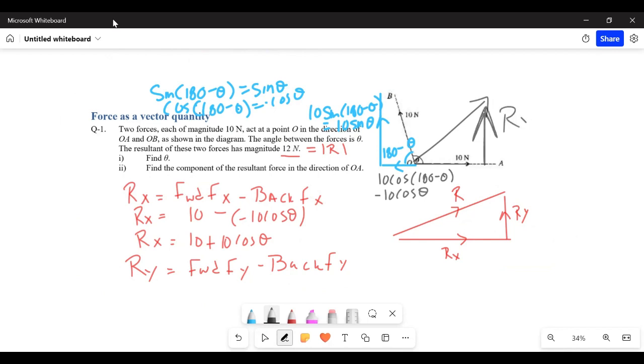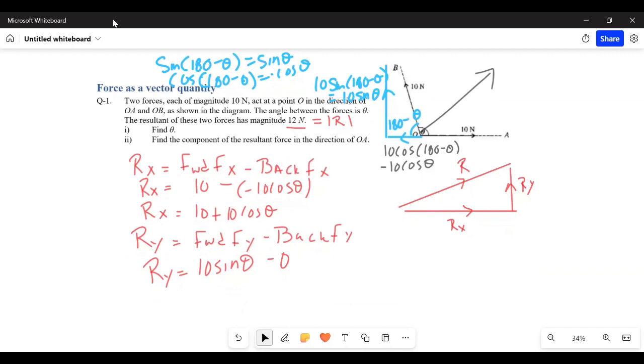So that's the upward force, which is 10 sine theta. There's no force in the downward direction, so minus 0. So that's Ry.